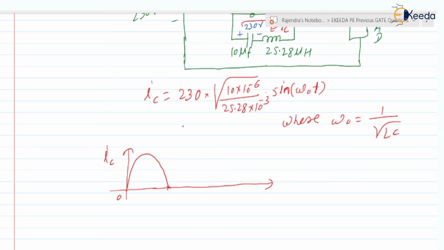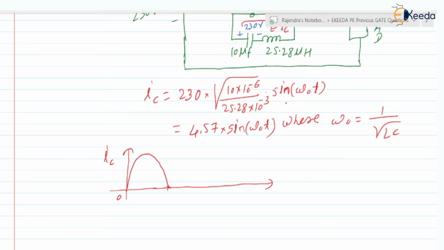Which we can write as 10 divided by 0.0252, it is 4.57 into sine of omega 0 t. This is Vs into root of C by L into sine of omega 0 t.